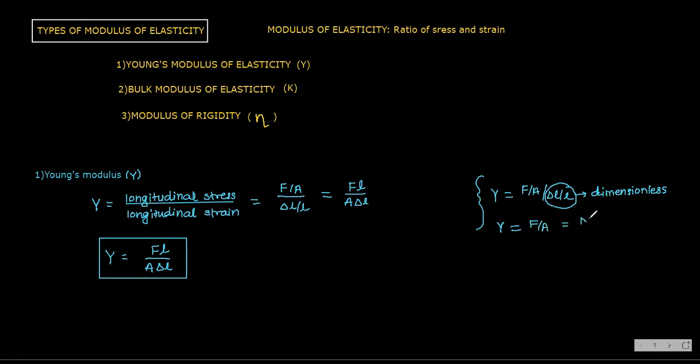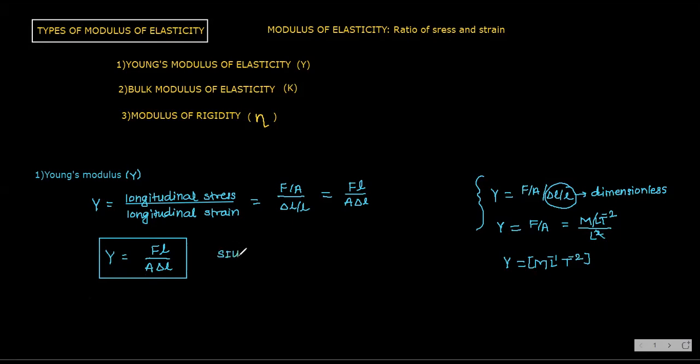So M L T power minus 2 divided by area, meaning L square. One L gets cancelled, and then we get dimensions M L power minus 1 T power minus 2. These are the dimensions of Young's modulus. And the unit is Newton per meter square.